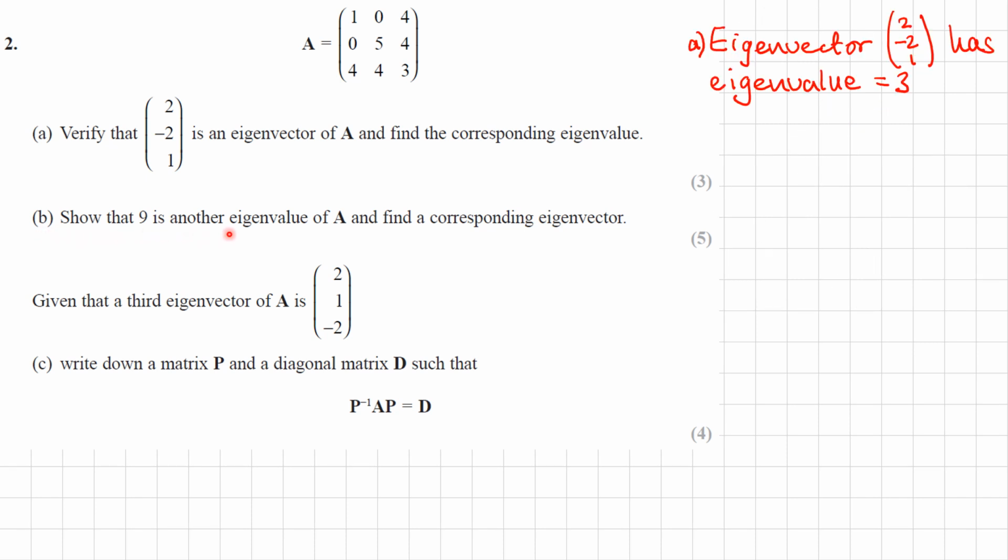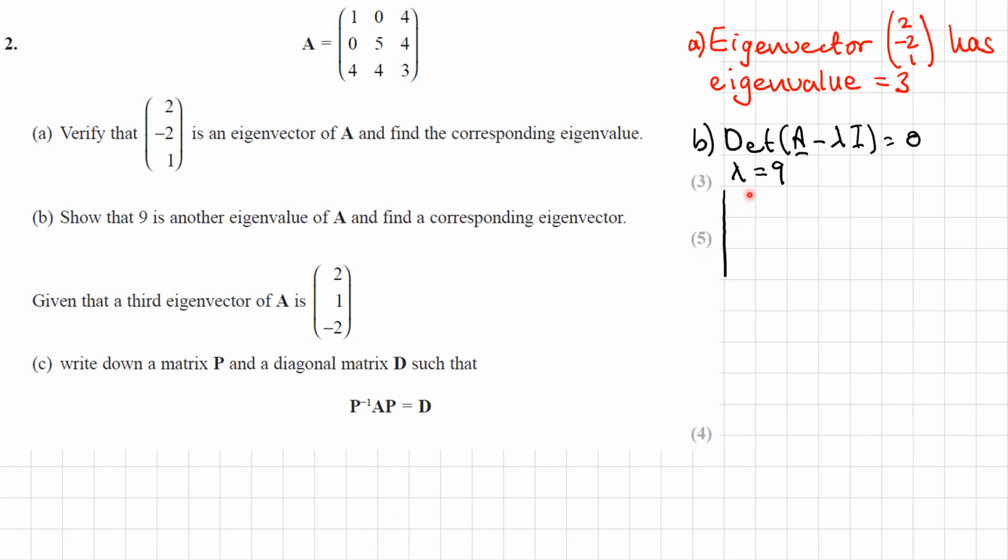Part B, show that 9 is another eigenvalue of A and find a corresponding eigenvector. Right, so if 9 is an eigenvalue of A, then this characteristic equation will be equal to 0 with lambda equal to 9. So let's write out what that would be.